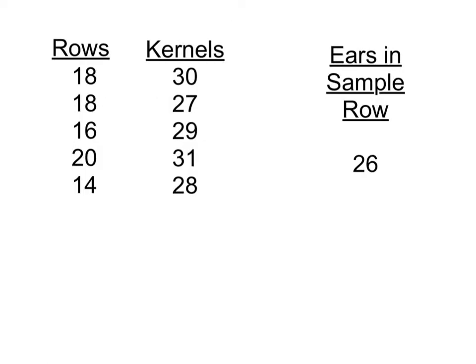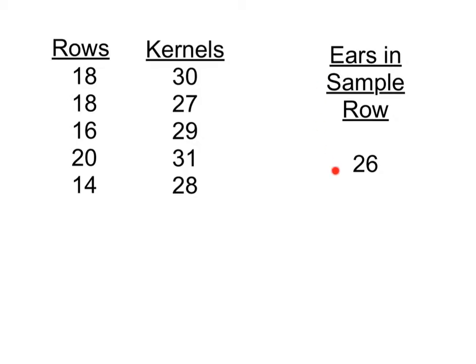Now, after Pam made the counts of the number of rows around each of her sample ears, and she counted down a typical row of kernels for each of those ears, she built up the following data table. Now, this table over here shows the number of rows of corn around each of the 5 ears in her sample, and in this section of the table here, she has recorded then the typical kernel length, or the number of kernels in a particular row of that corn.